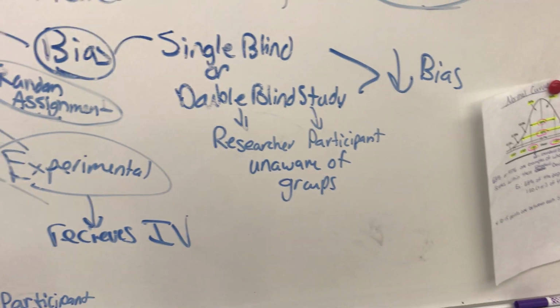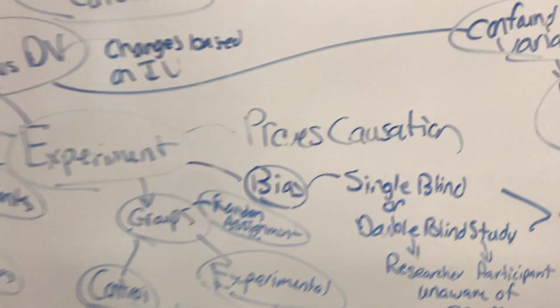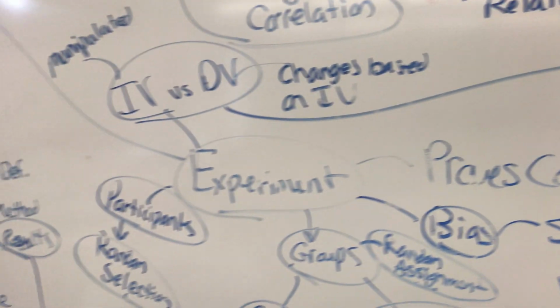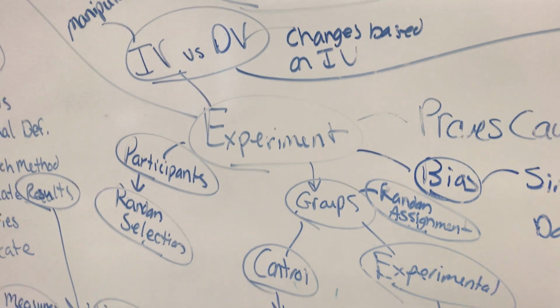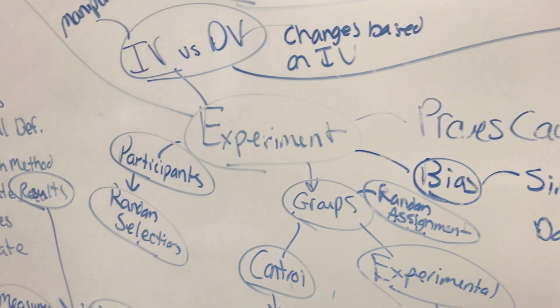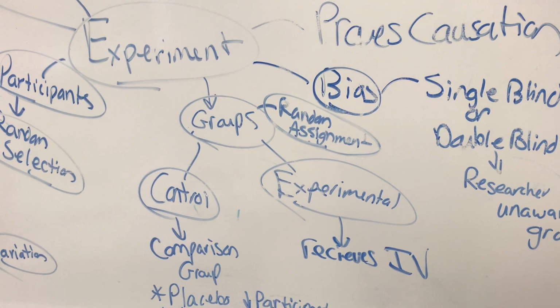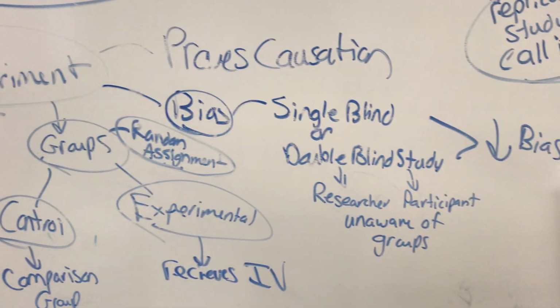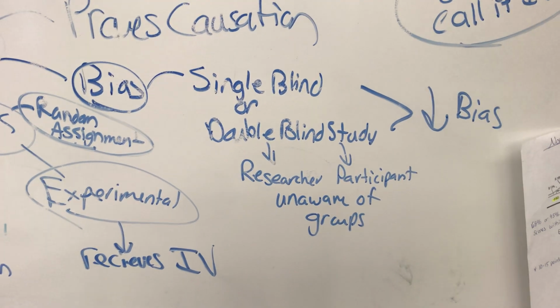Okay, so again, in an experiment, we prove causation. We conduct the experiment with the use of an independent and dependent variable. Participants are going to be a part of the independent variable potentially if they are placed in the experimental group. I want to make sure that my participants and my researcher do not change the results.